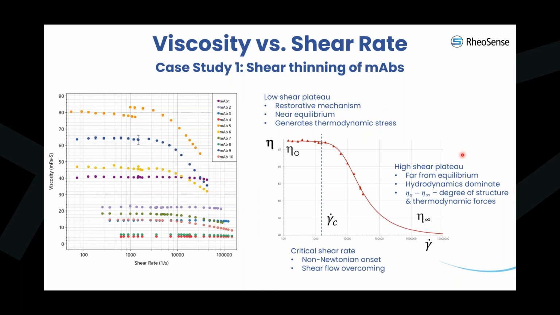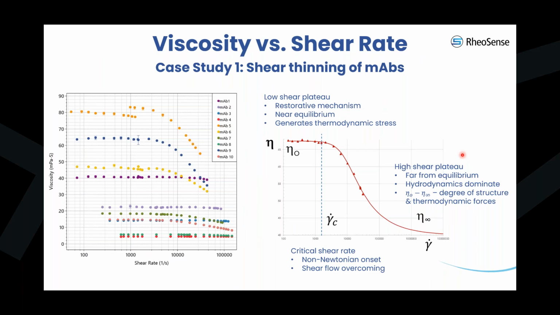But as the shear rate increases, the hydrodynamic forces begin to dominate the thermodynamic or Brownian forces. These forces push the protein particles or clusters out of their equilibrium arrangement and cause them to align or deform in the direction of flow.